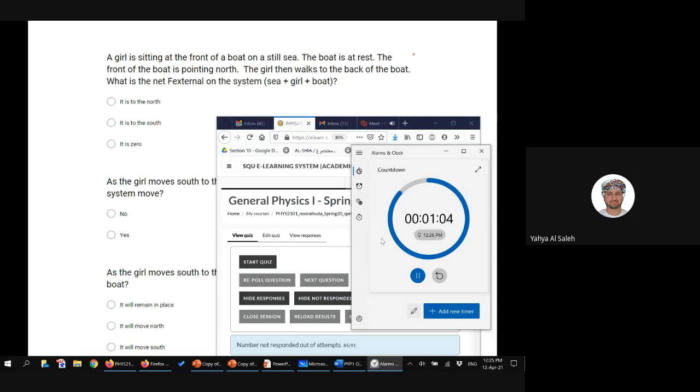If you said the COM would not move, do you think the boat would move? It's not as simple as it sounds, or maybe it is, I don't know.